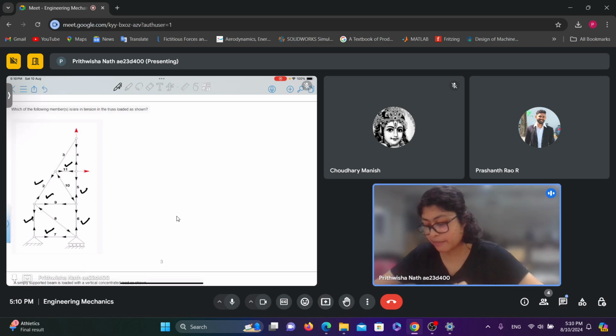So we need to find the members which are in tension. How can we find them? We just look at the joint and the arrows. If the arrow points away from the joint, we can say that the member is under tension. So are there any other members apart from these which are under tension?